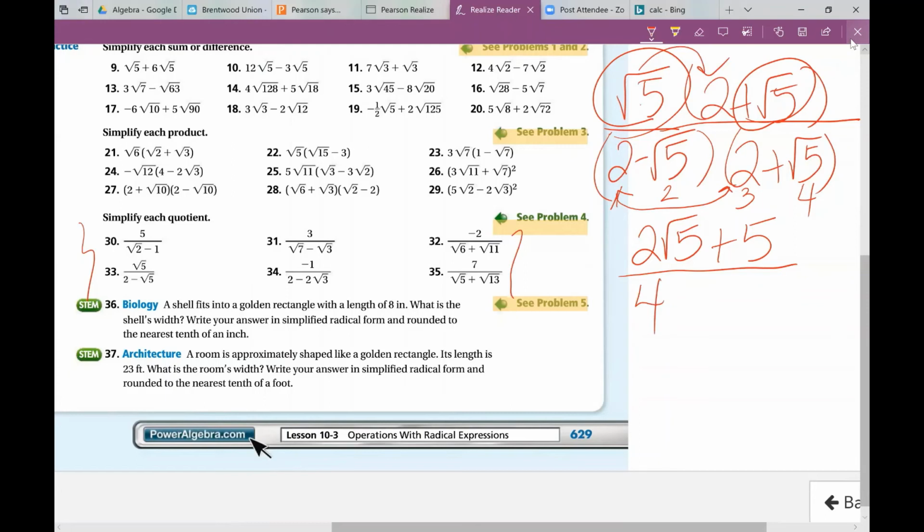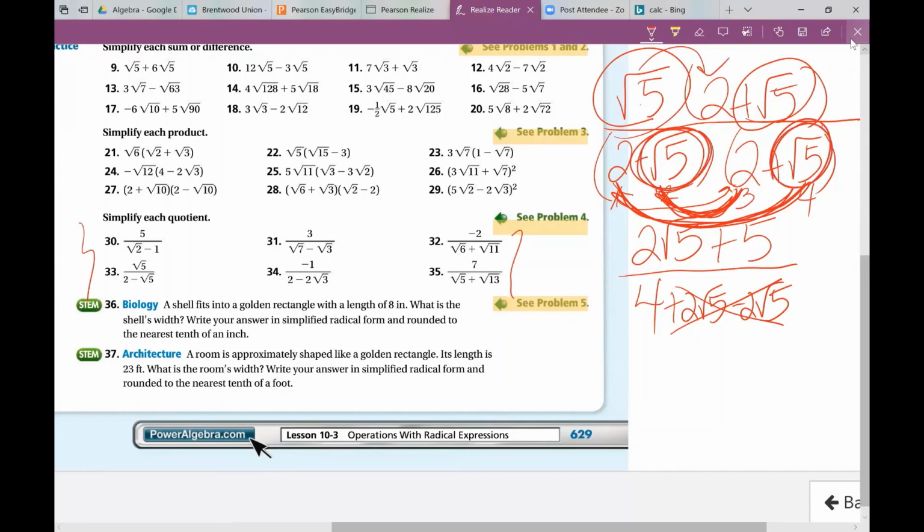Now, my little and big smileys, if you remember how I called them that, we have negative 2 radical 5, and we have positive 2 radical 5. So those cancel each other out. I'll write them down just so you can see them, 2 radical 5 and negative 2 radical 5. But those make 0, which is the whole point of doing this, so that we can get rid of our radicals. And lastly, I have the last piece of each set of parentheses to multiply by each other.